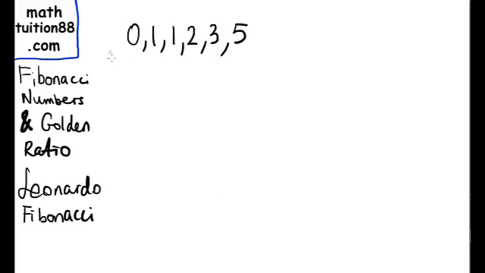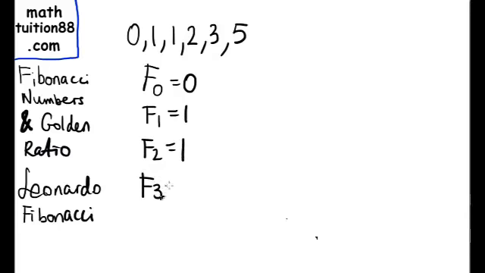So the first term we can write as f subscript 0 is 0, f subscript 1 is 1, f subscript 2 is 1, f subscript 3 is 2, f subscript 4 is 3, and f subscript 5 is 5.